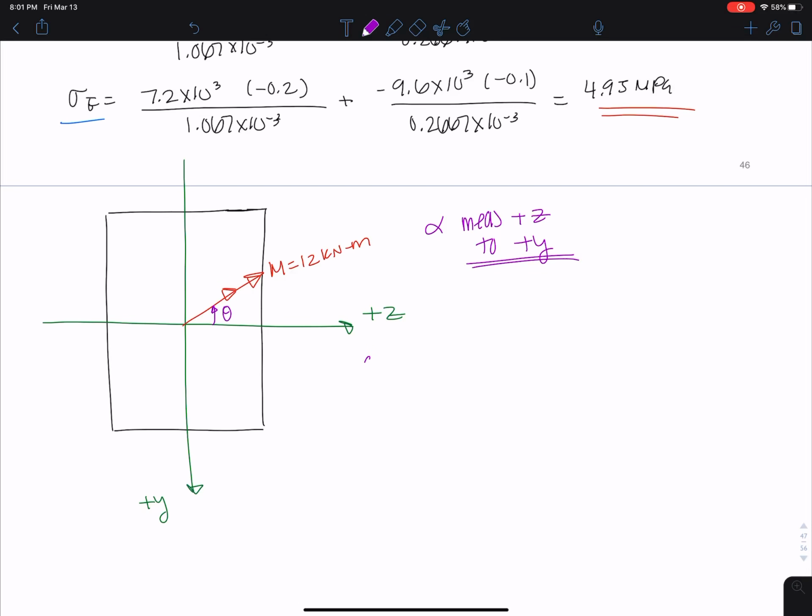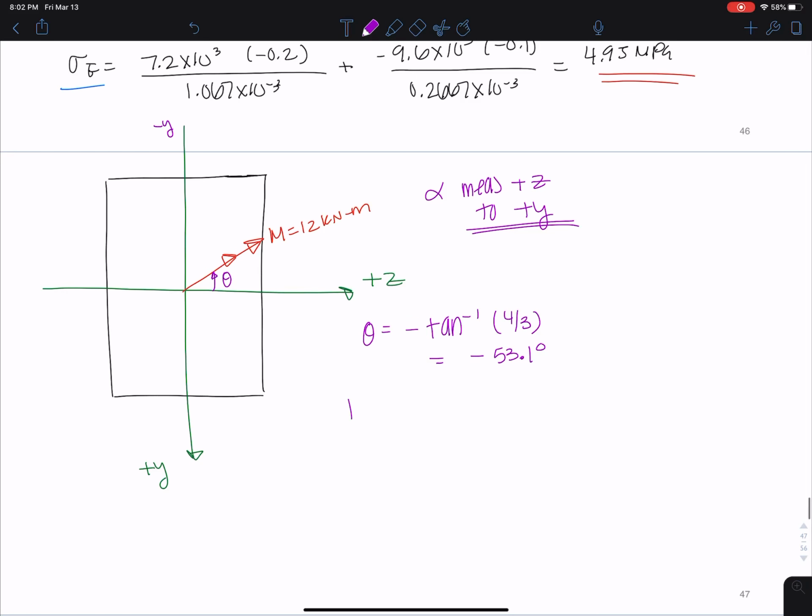So when we want to find theta, we need to take the negative inverse tangent, because I drew theta going above from z to negative y technically, so I'm going to take the negative of it, of 4 over 3, and I get this negative 53.1. This is just given from the geometry. This is a 3-4-5 angle that the moment acts about. And so really what I'm saying is it's 306.9 degrees from the 0 mark, because my 0 will be measured downward from this direction. That makes sense.